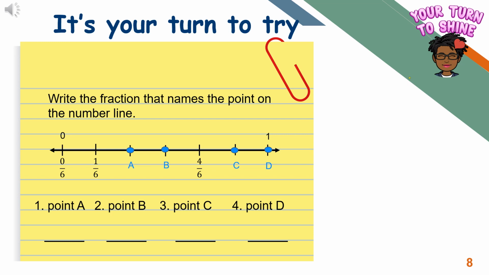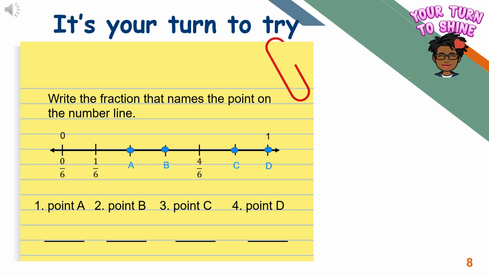If you look at the number line, you will notice that some of the fractions have already been labeled for you. Each fraction that is labeled has 6 in the denominator, so for your answer, the rest of them will be 6 as well. All you have to do is count. 0/6 and 1/6 is provided for you.